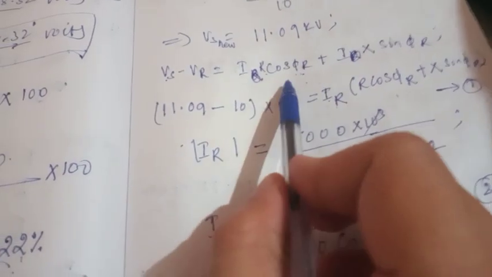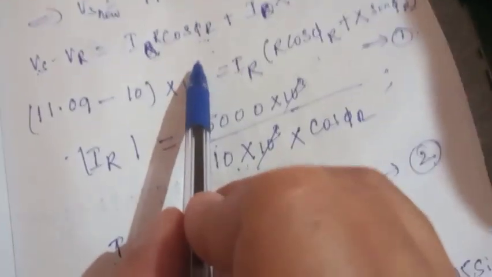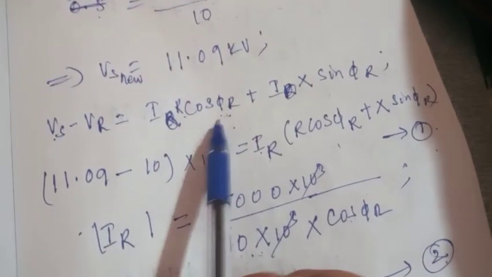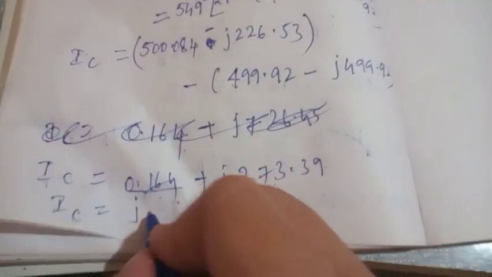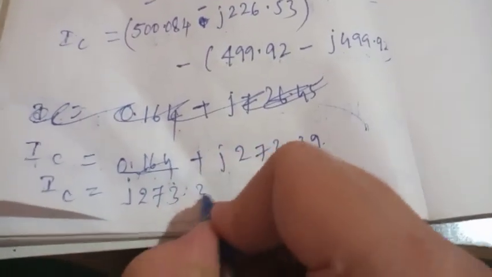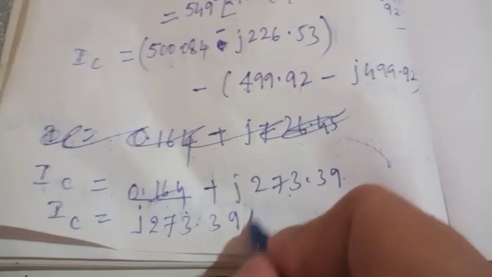While deriving this equation, we made some approximations for the real part, so we have to ignore it. So what is the total IC? We have j 273.39 amps. This is the IC current.